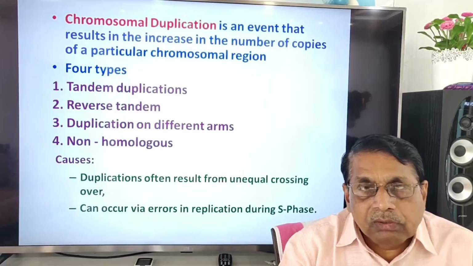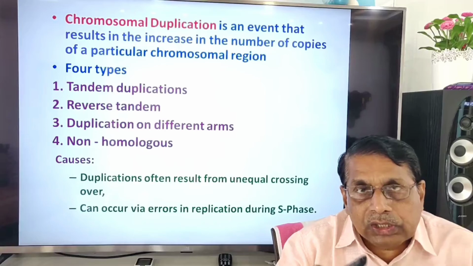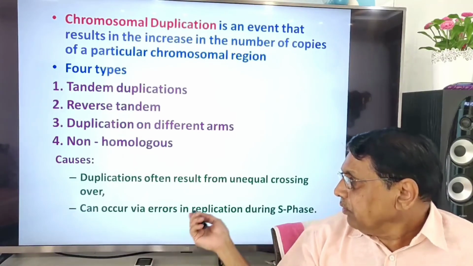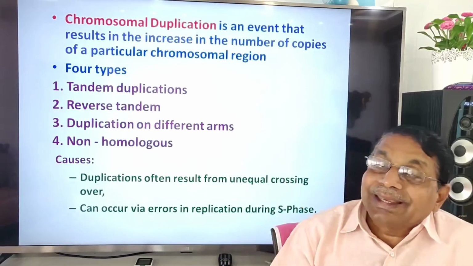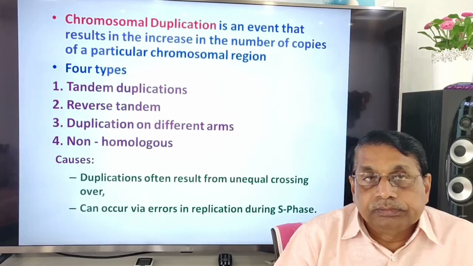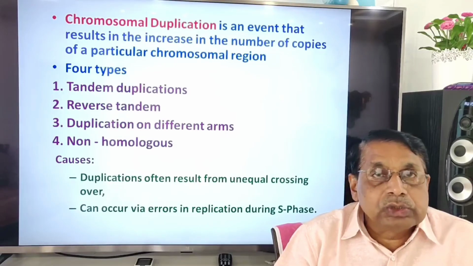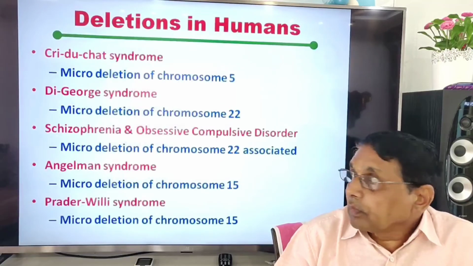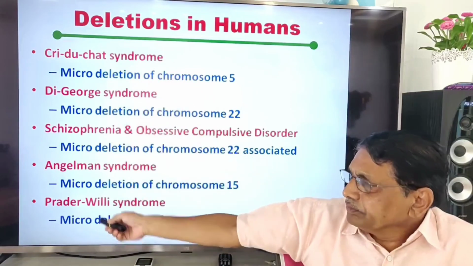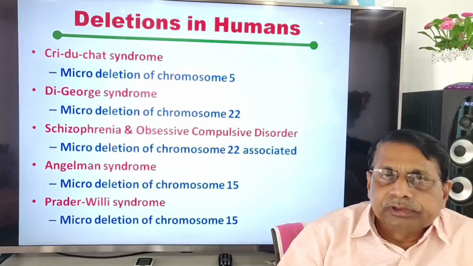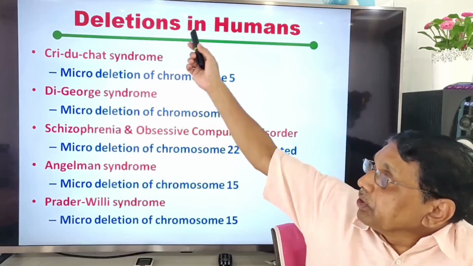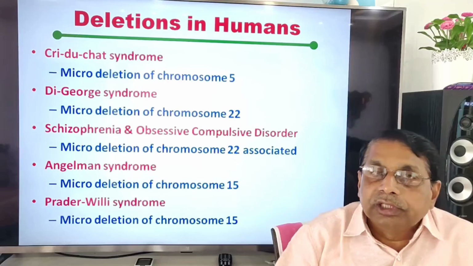But one will get the other fragment, one will not get it. It can also occur via errors in replication during S phase. You know the S phase in the cell cycle: G1, S, G2, M phase. Deletions in humans cause so many diseases, syndromes. All these are because of the deletions, a part of the chromosome.